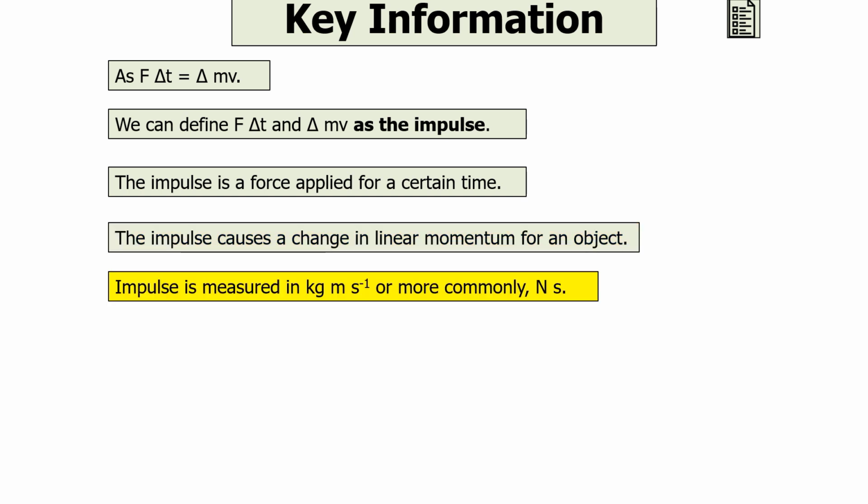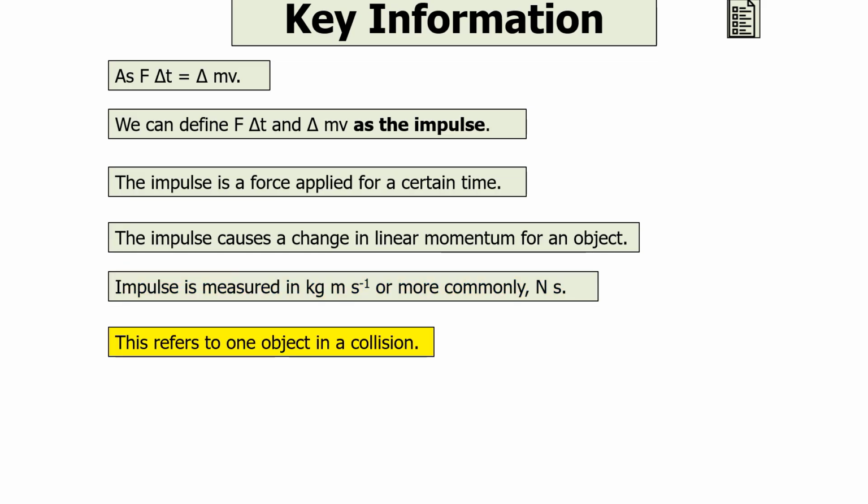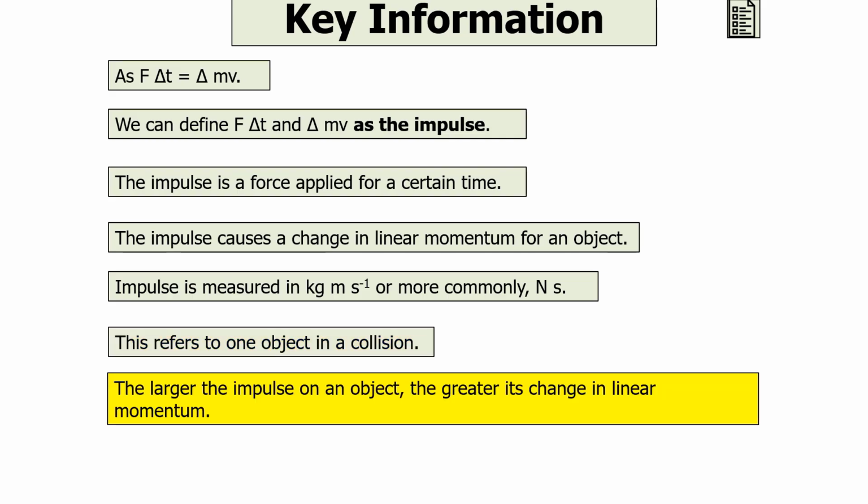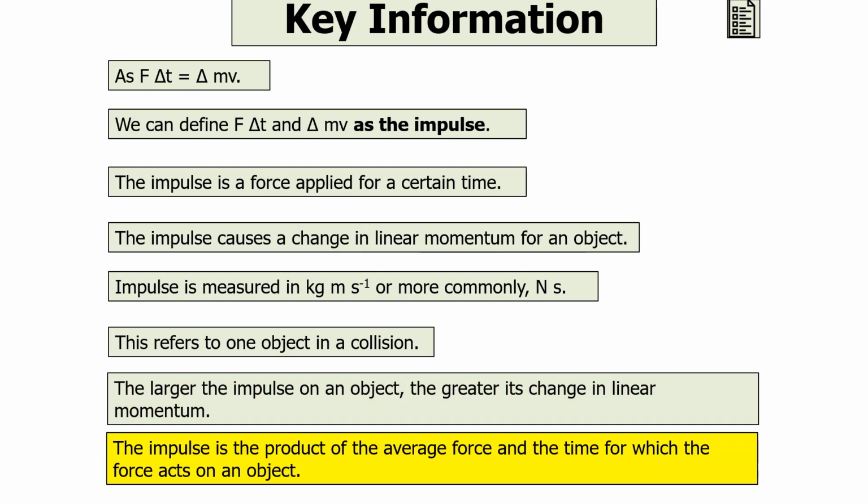Now impulse is measured like momentum in kilogram meters per second, or more commonly Newton seconds. It refers to one object in a collision, and we know that the larger the impulse on an object, the greater its change in linear momentum. So we can define the impulse to be the product of the average force and the time for which the force acts on the object.